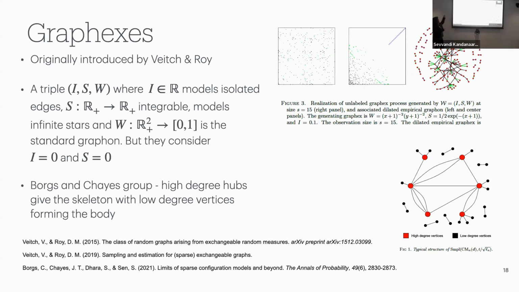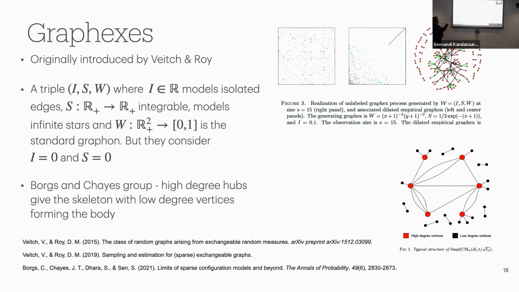And then there are graphexes, originally proposed by Veitch and Roy, where they have these three things: isolated edges, stars, and the standard Graphon. One of the things I've seen people say is that it's the stars that are the problem.